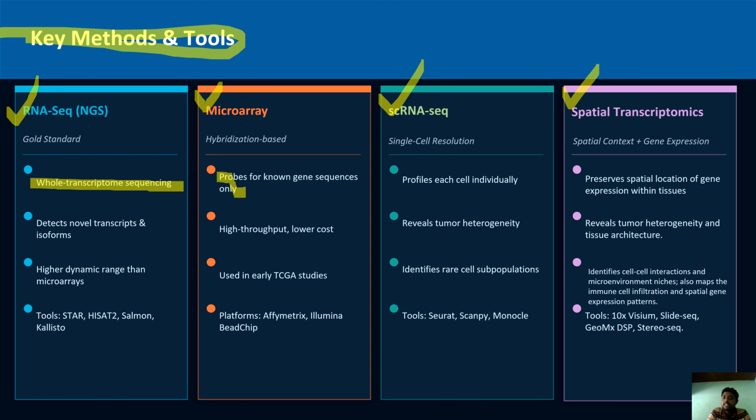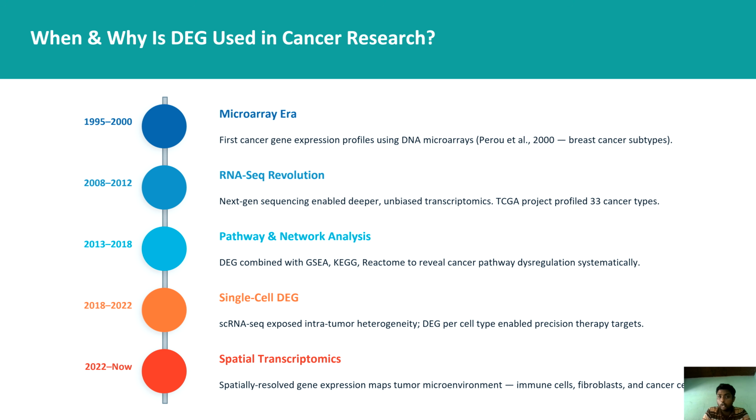So this happens in single cell RNA sequencing data. It is so much advanced, and nowadays spatial transcriptomics is increasing so much. It is evolution by evolution. At first, we'll see the evolution also.